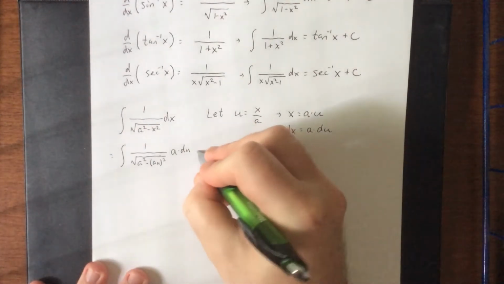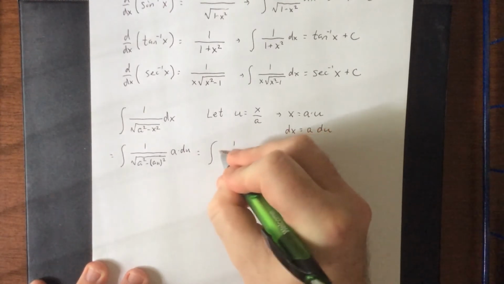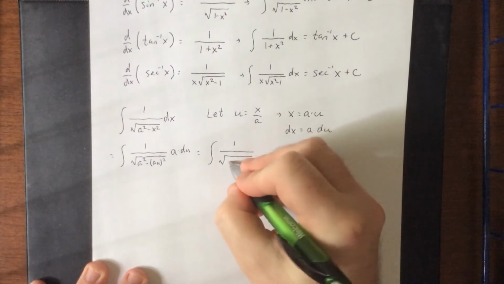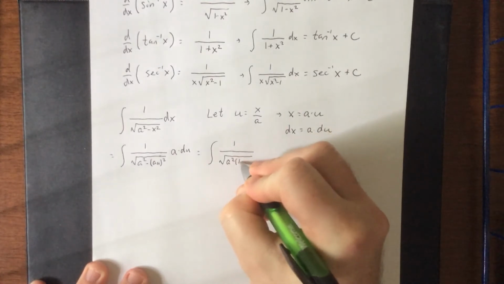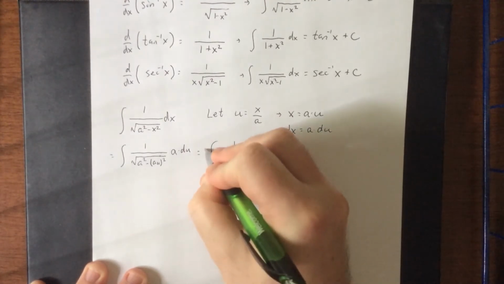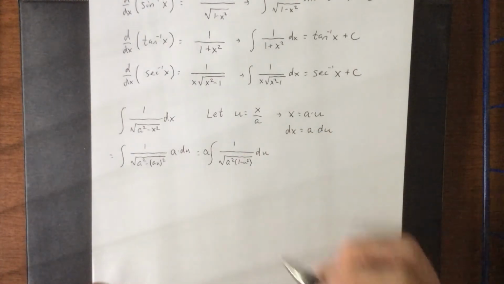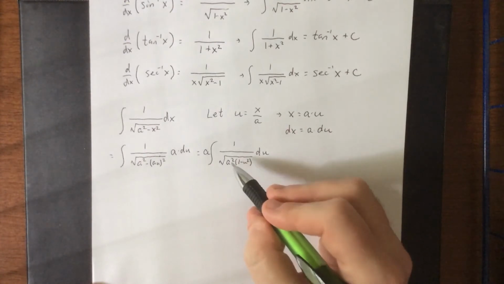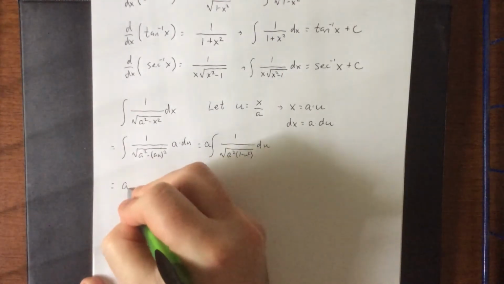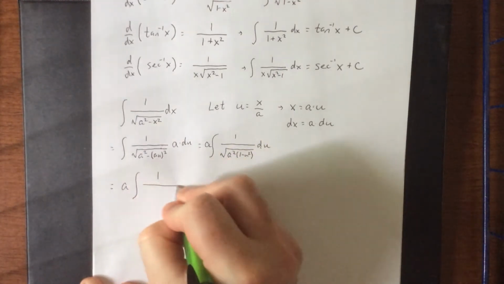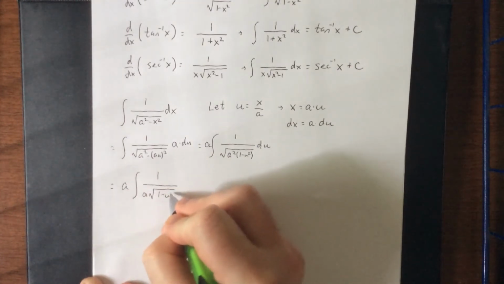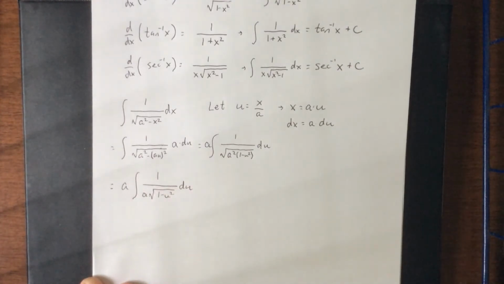Now, in the denominator, each of the terms inside of the radical will now have an a squared in common. So, if I factor out that a squared and toss our coefficient of a in front, I can then take the square root of this a squared and wind up with an additional a in the denominator, giving us a times the integral of 1 over a times the square root of 1 minus u squared du.